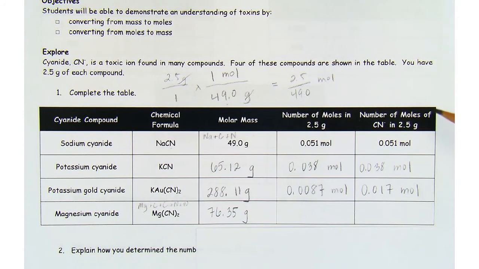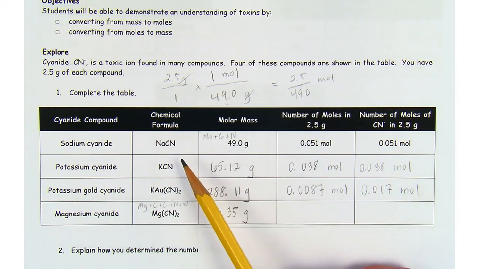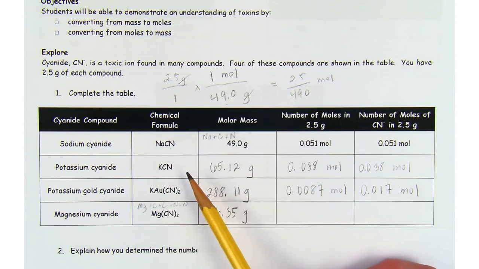The last column is a little bit tricky. If you look with me at sodium cyanide, there is 1 CN in the whole thing. Therefore, the number of moles of the whole thing will be the same as the number of moles of CN, because it's 1 to 1. Same for KCN. For potassium gold cyanide, though, it gets a little tricky.